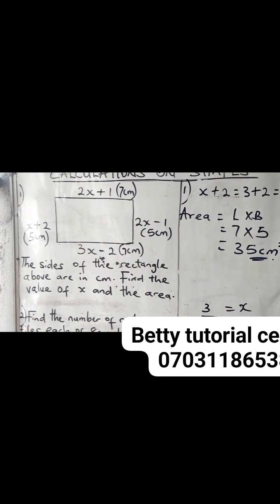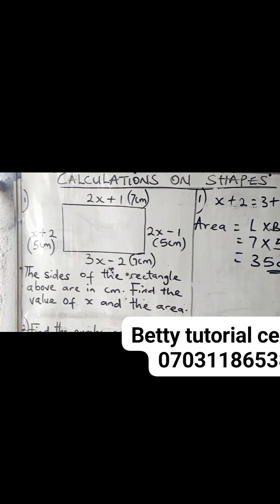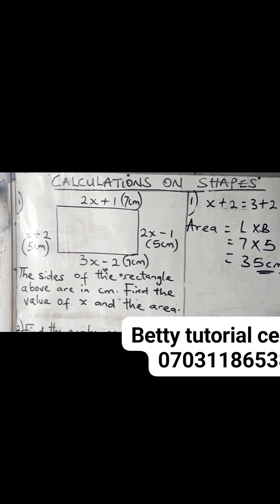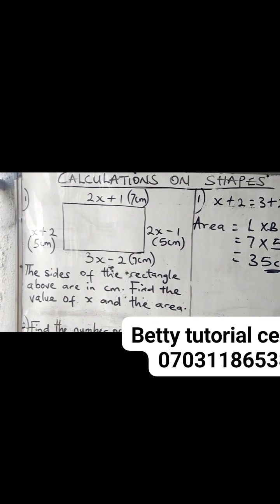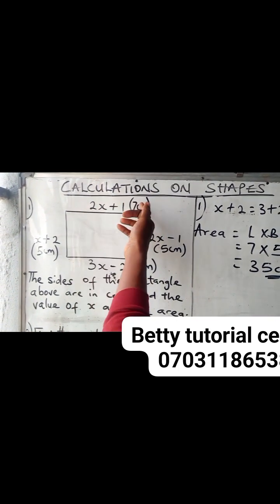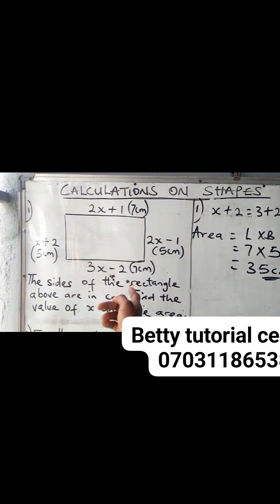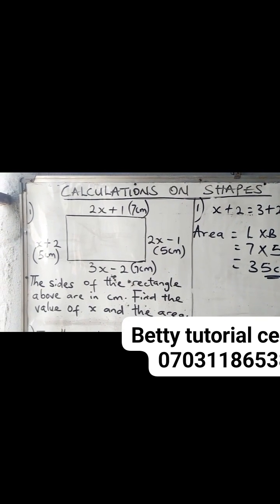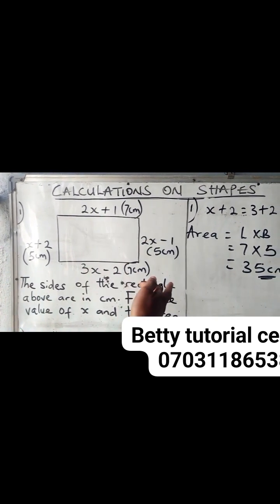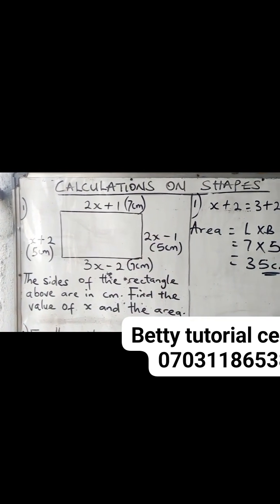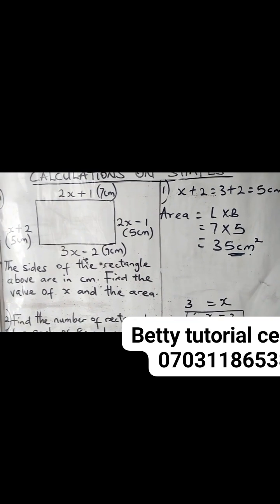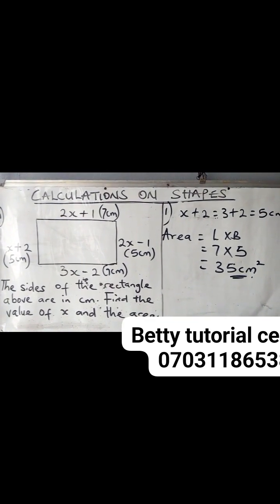Let me come again. The first thing we need to do here is to calculate for the value of x. And how do we do that? Just follow the rules. We know that the opposite sides of a rectangle are equal, so it means you have to equate 2x plus 1 to 3x minus 2. And if we want to go through the breadth, we know that x plus 2 definitely will be the same as 2x minus 1. By so doing, we're able to calculate for x. And after doing that, we know that our x is now 3.